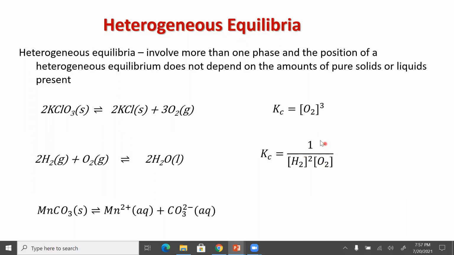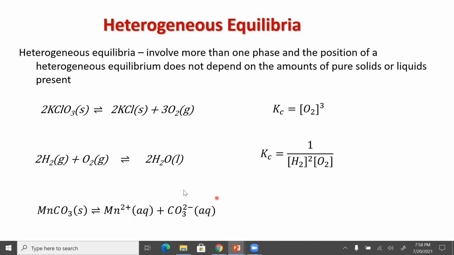Again, it's the concentration of products over the concentration of reactants raised to the power of the coefficient in the balanced equation, excluding solids and liquids. So we've got our third heterogeneous equilibrium, and we want to write our equilibrium expression. So we've got our products here. Okay, they're aqueous, so we're going to include those. Aqueous doesn't mean liquid.